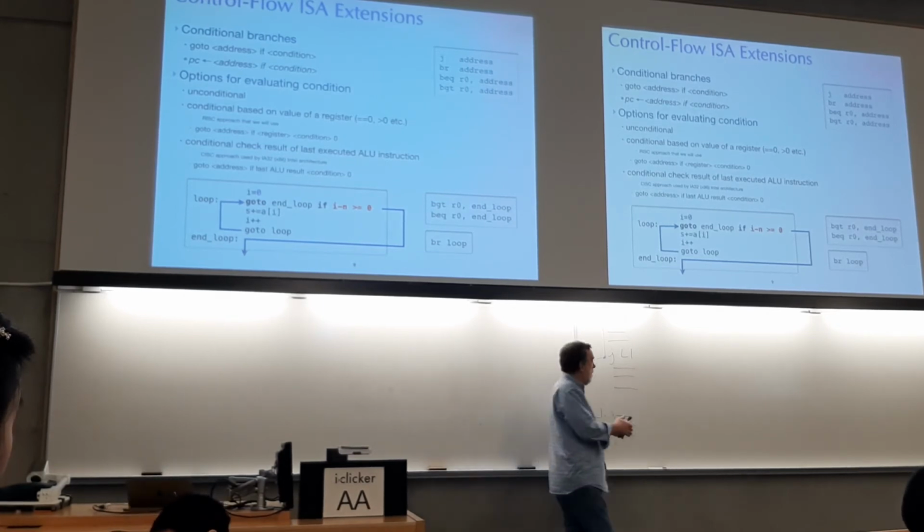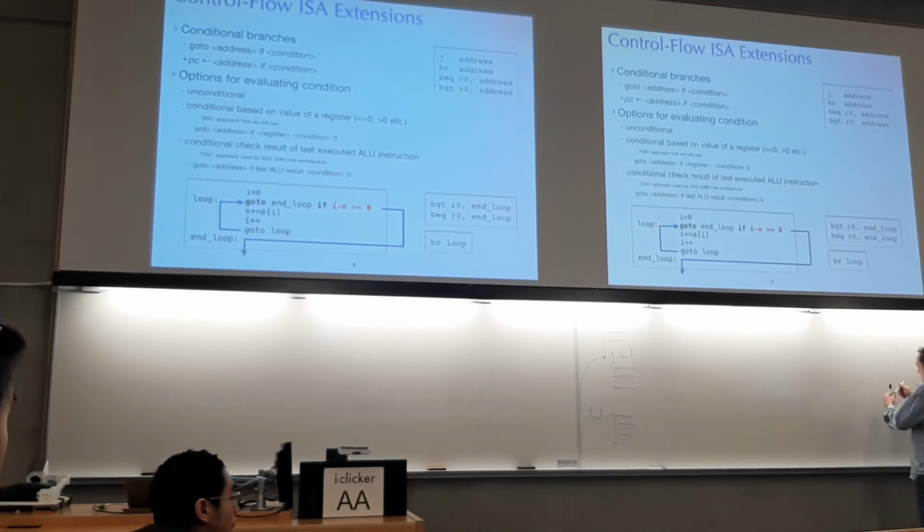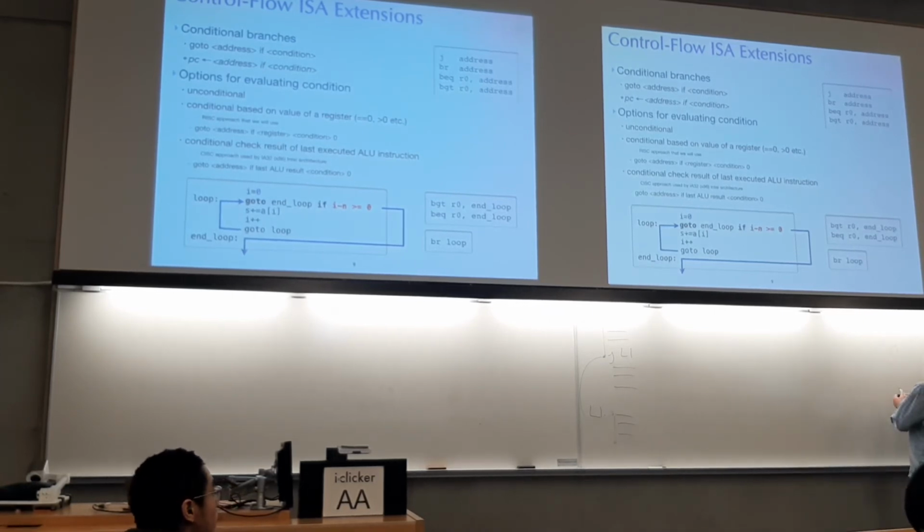So remember that it's like this. It's the CPU, and we've got memory. And the program is stored in memory. All the instructions are in memory. So that thing I just drew here is over here in memory.